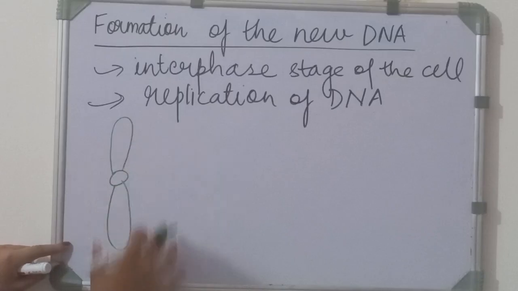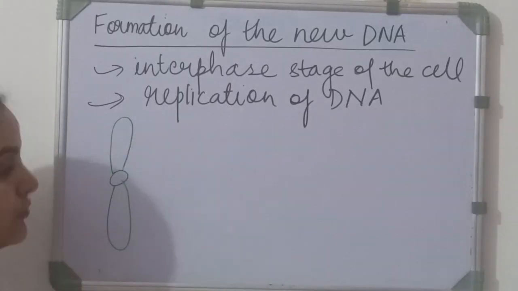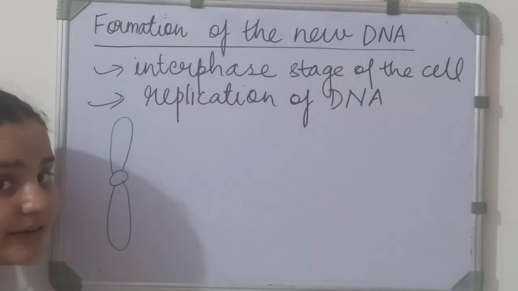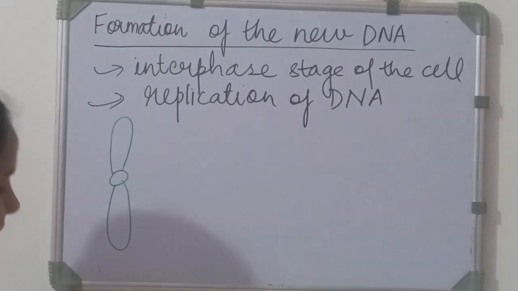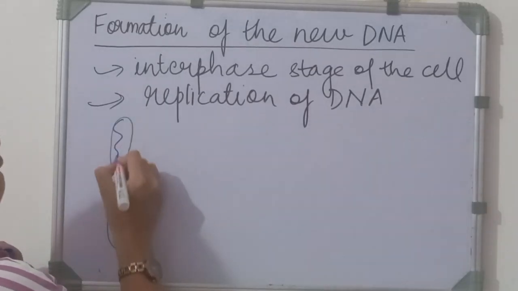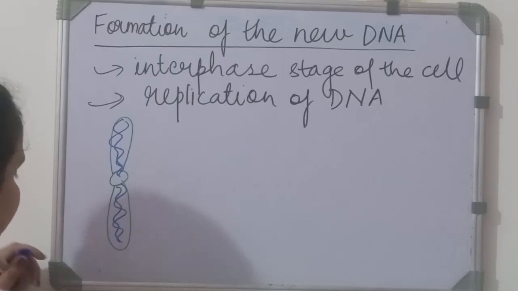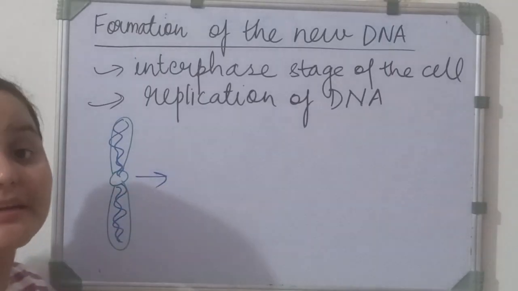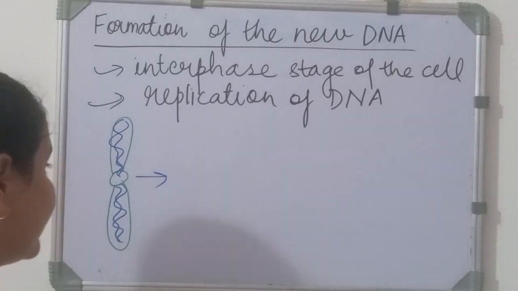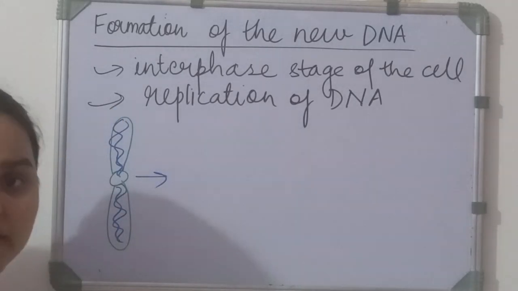See, this is our chromosome, because this chromosome is formed due to the condensation of chromatin fibers only. So our DNA is all over it. This is the DNA. Now during the interphase stage, what is happening? This DNA is getting duplicated. How?